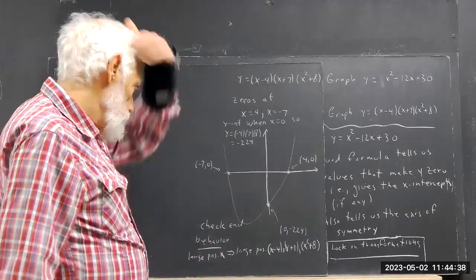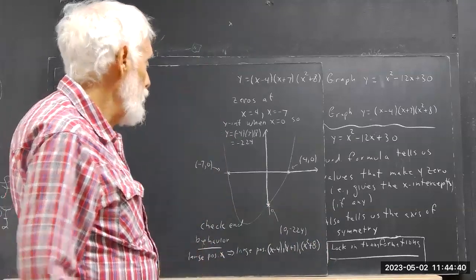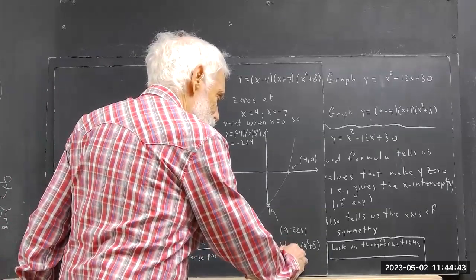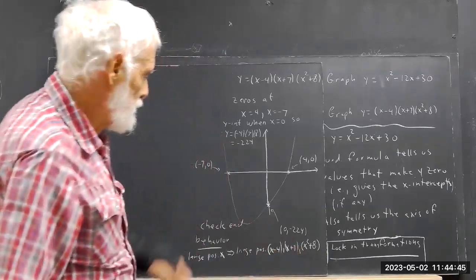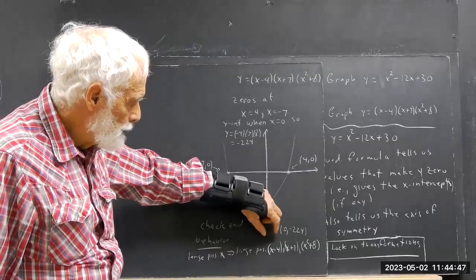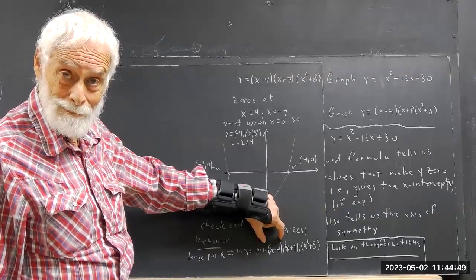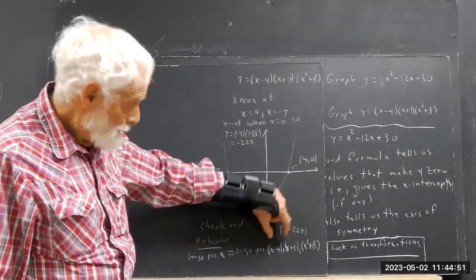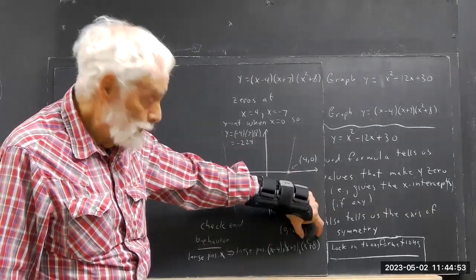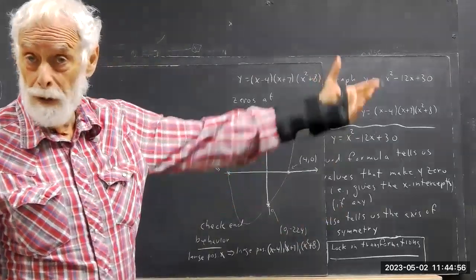A large positive x implies that this is large and positive, right? This is large and positive, and this is really large and positive. We're squaring that big number x.